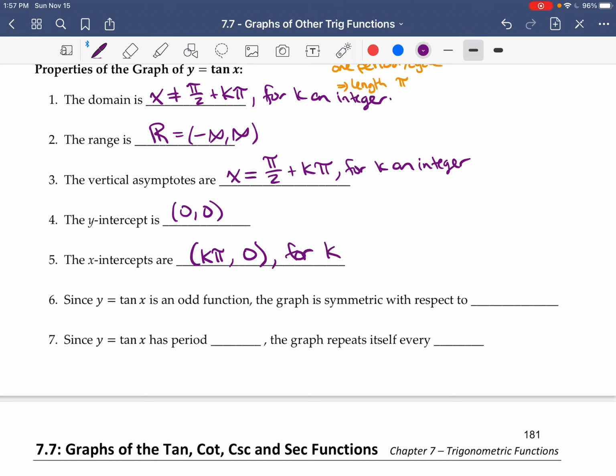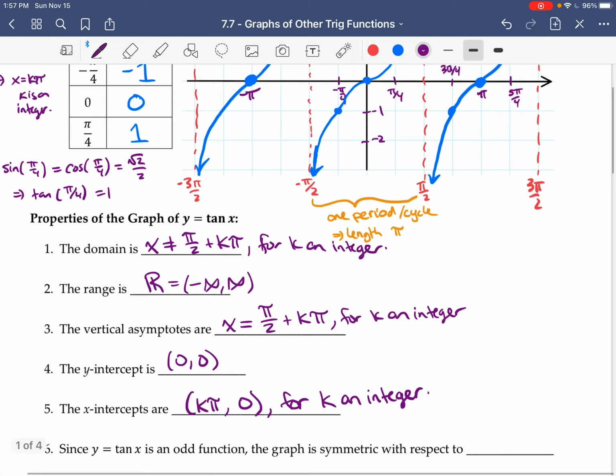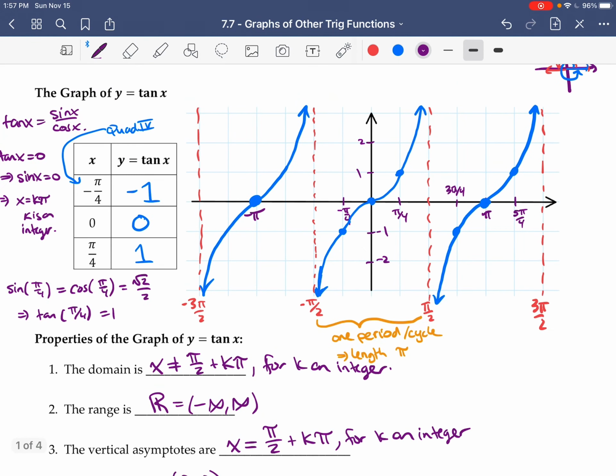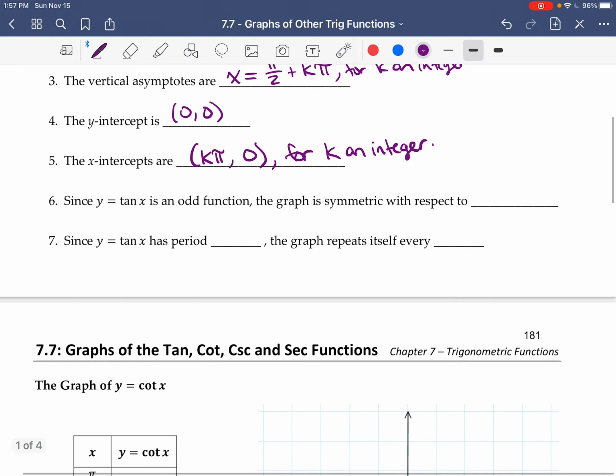And this is again for k an integer. So if k is 0, we get the point 0, 0. If k is 1, I get the point pi, 0, which we can see in the graph up here. If k is negative 1, I get the point negative pi, 0.